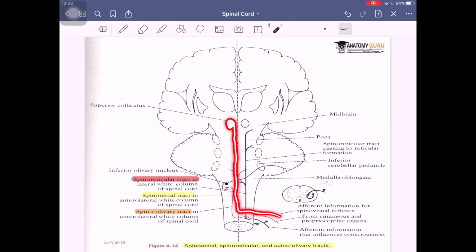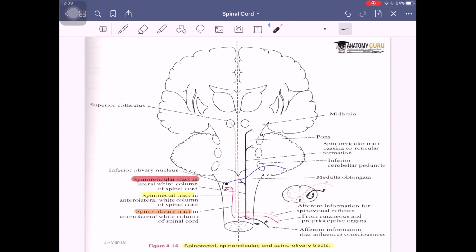There it is ending, information to the superior colliculus. If you remember, superior colliculus in the midbrain, this is where the information ends. So it is concerned with your spinovisual reflex. That means anything happens, or you are turning or twisting your head or your body in response to a visual symbol, or anything like suddenly a flash of light comes and your neck turns toward that side. So this kind of reflexes is spinovisual reflexes, which are again possible because of this particular pathway.